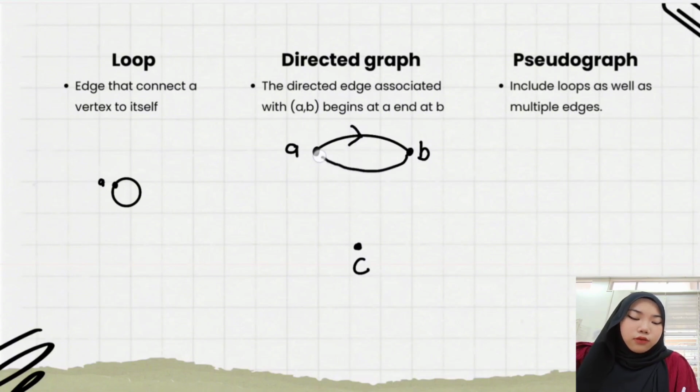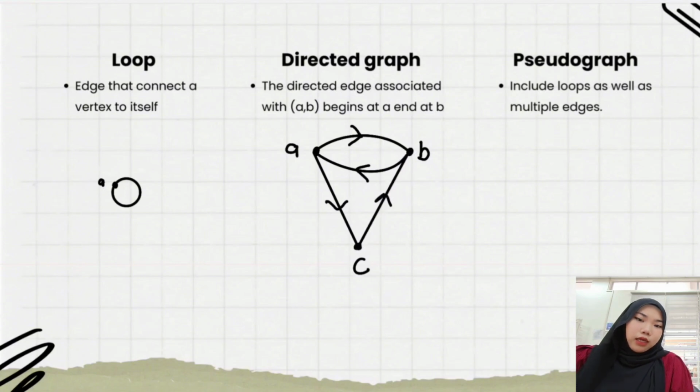Then B goes to A, and since it ends at B, you can go here and then up here because it still ends at B. The last one is pseudograph, which includes loops as well as multiple edges.